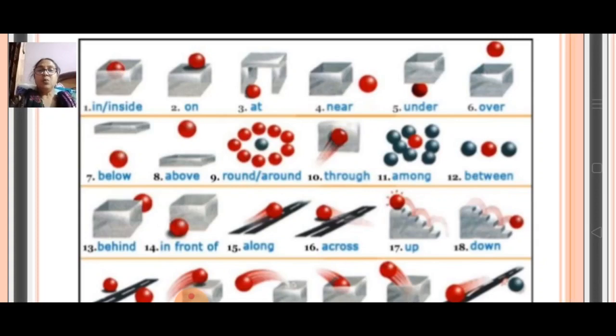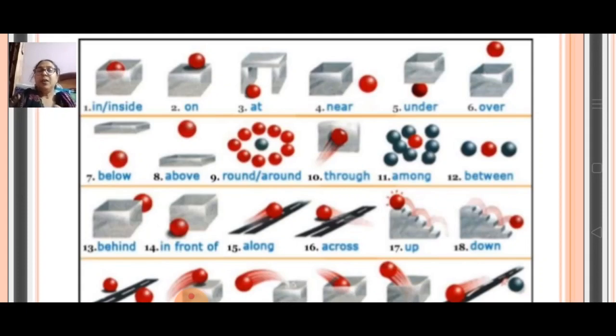Now around means the balls are around that green ball. Now through. Now here among. Among shows a gathering of all. Between means the red ball is in between two black balls.